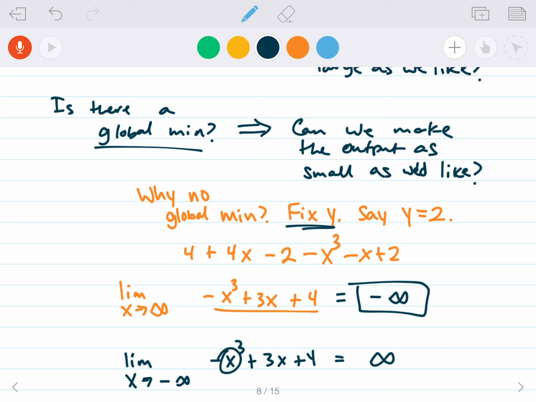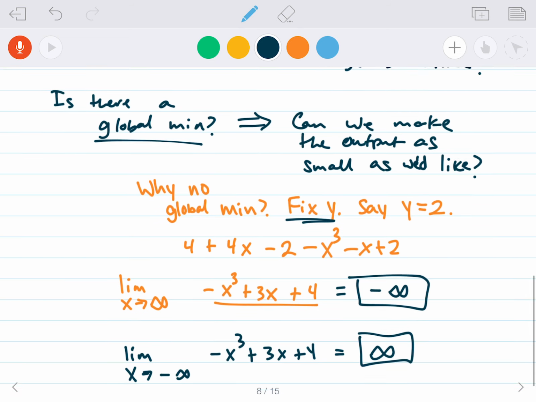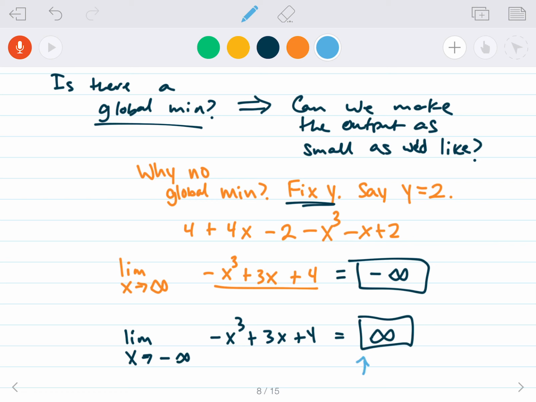If x gets really, really small, negative times a negative is a positive. This is going to go to positive infinity. So no global max. I keep saying local when I mean global.